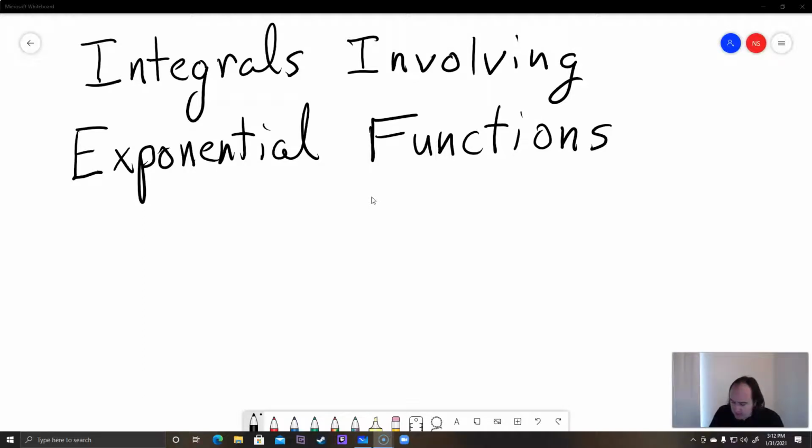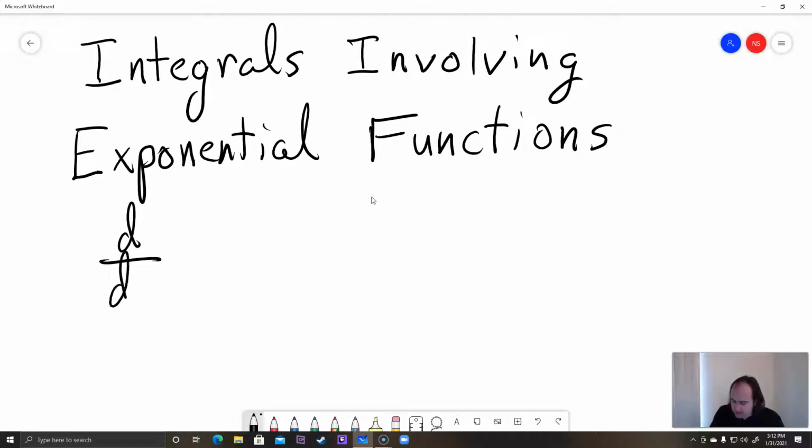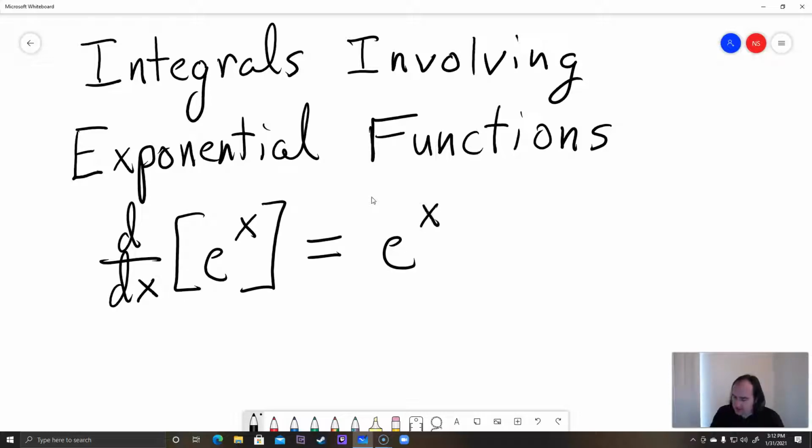So recall that d dx, the derivative of e to the x, is actually just e to the x, which is why e to the x is such an important function, because it's one of the very few functions whose derivative is itself.